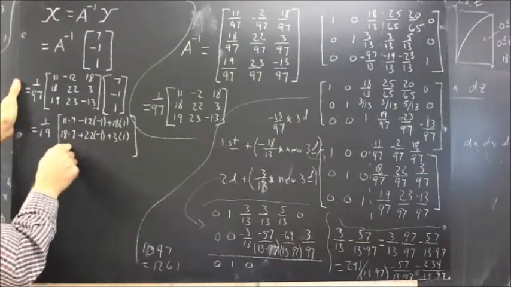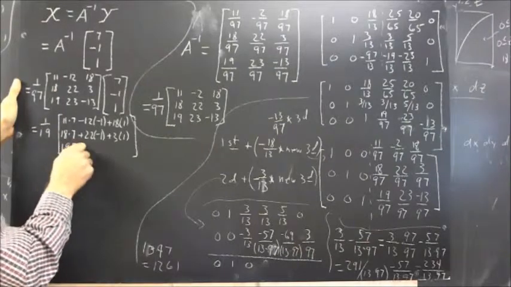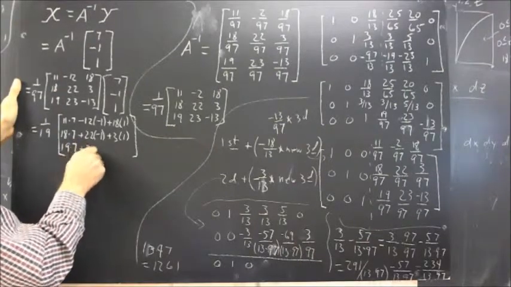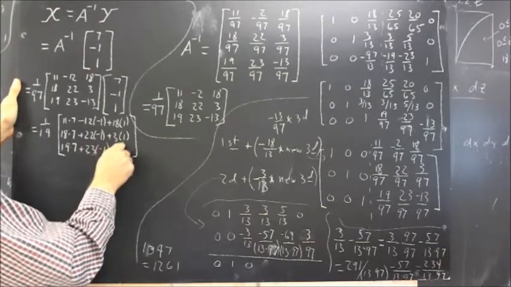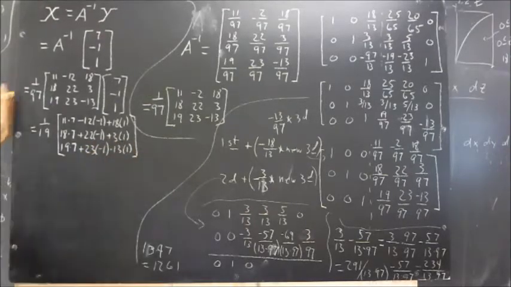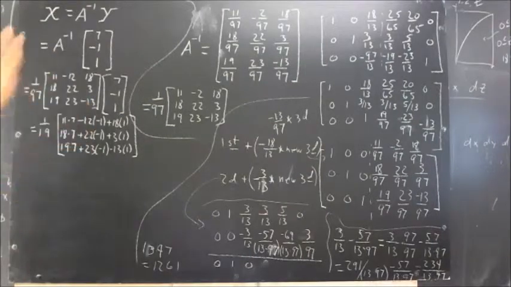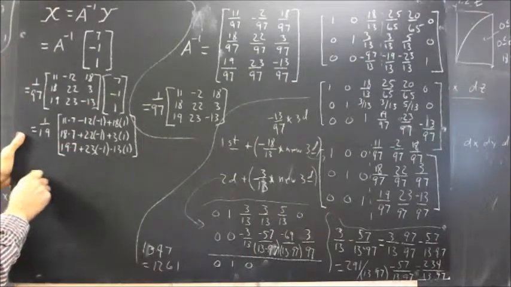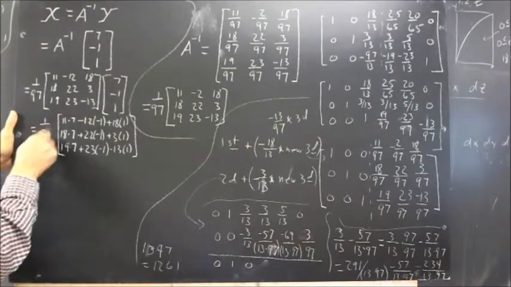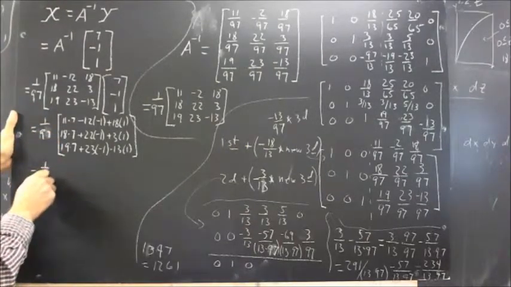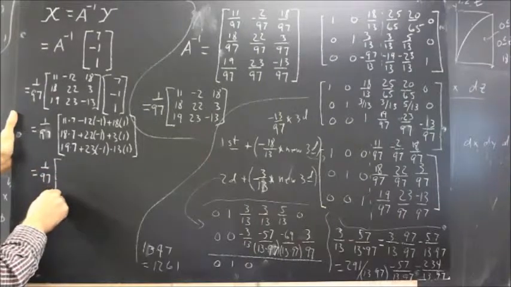The third is going to be 19 times 7 plus 23 times negative 1 minus 13 times 1. Now, those are all straightforward numbers.